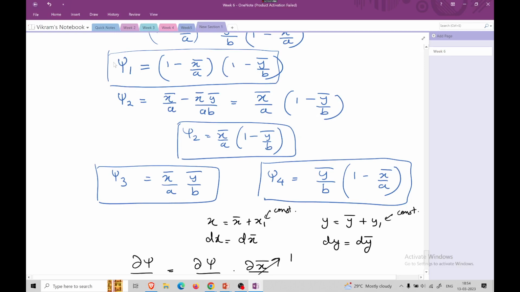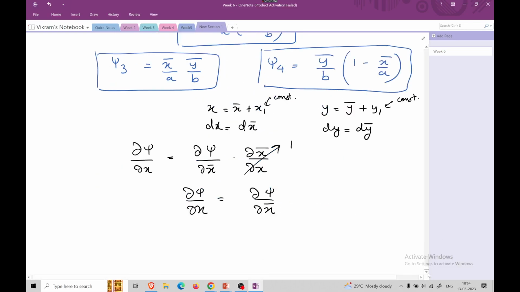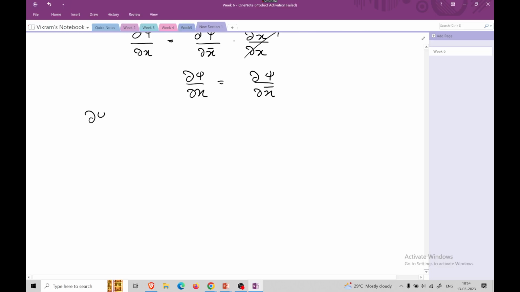So what is dou psi 1 by dou x? It is nothing but the same as dou x bar only, as we have seen now, which is dou by dou x bar of this whole thing, 1 minus x bar by a into 1 minus y bar by b.